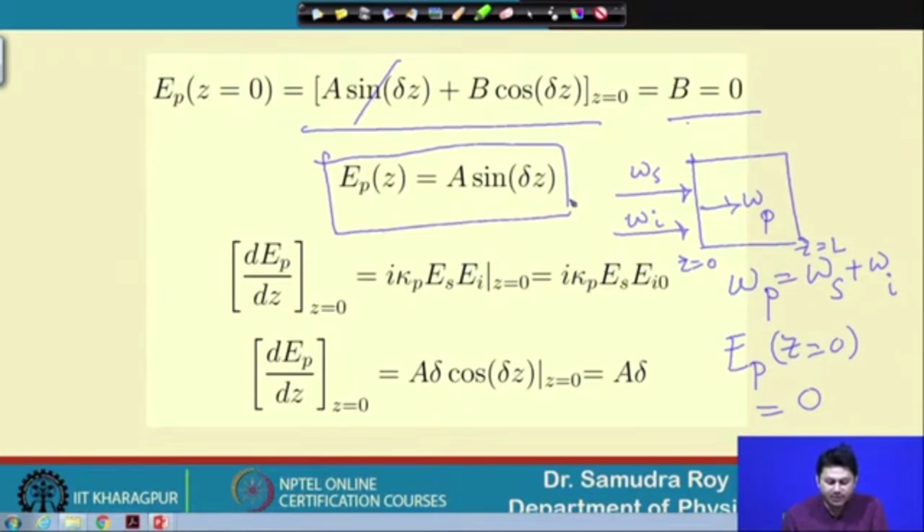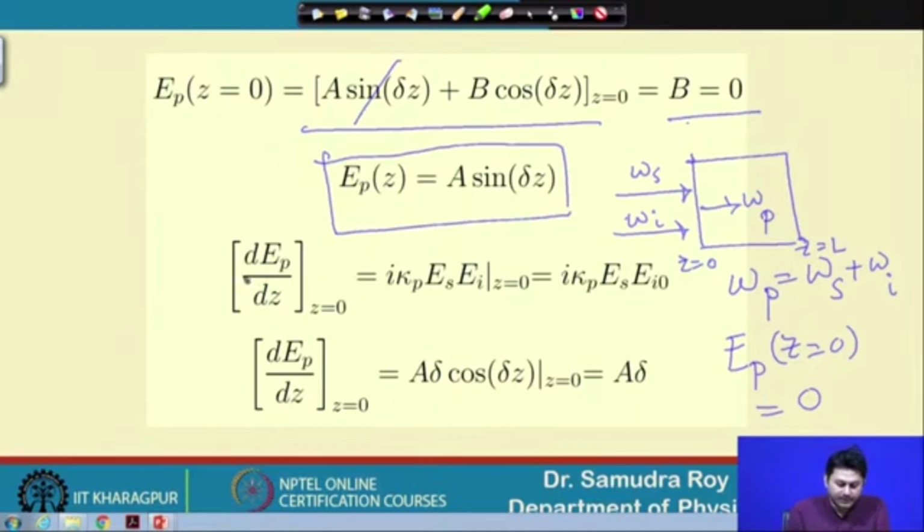So, again in order to find the A, the next boundary condition that we are going to use is the same procedure that we have been using for the last few classes: for one condition we just put the value of the field at z equal to 0, and in the other case we find the derivative, because the derivative is proportional to the field of other frequencies, and we know the value of the field of other frequencies at z equal to 0 point.